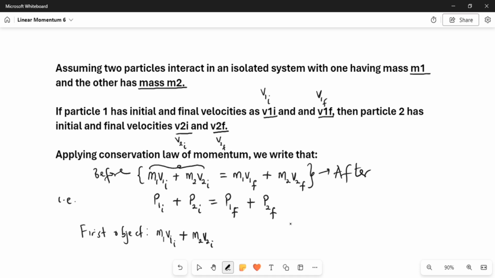So we are summing the initial momentum of each of the objects, object 1 and object 2. We equate it to the sum of their final momentum, m1 v1f plus m2 v2f.